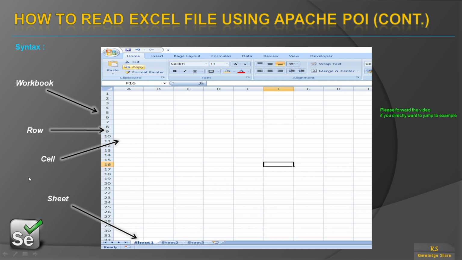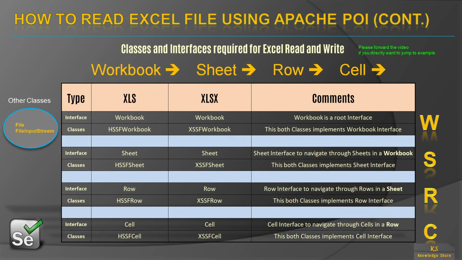So this is the basic understanding that you need to have while working with Excel so that you can be more familiar with what the code is doing. As we have seen, workbook, sheet, row, and cell is the pattern of traversing when you are working with Excel sheets.